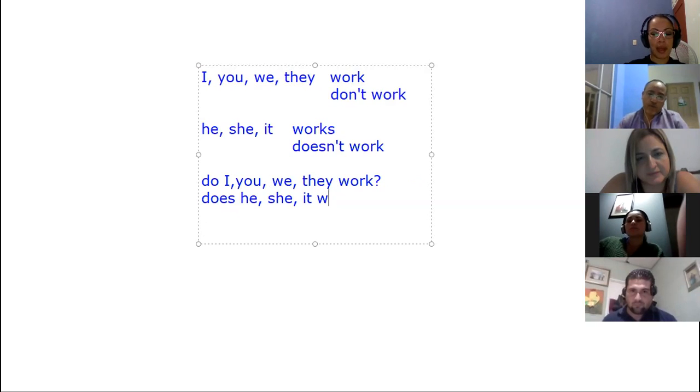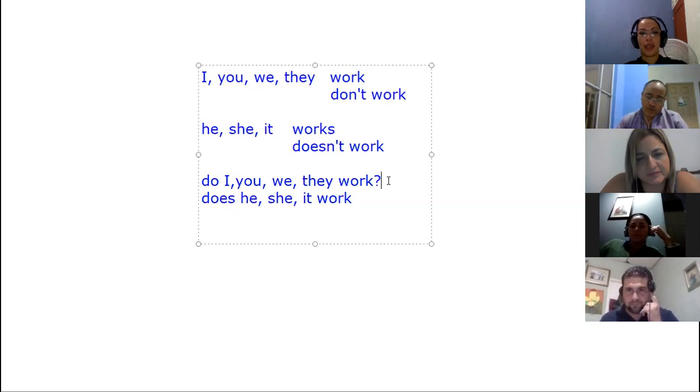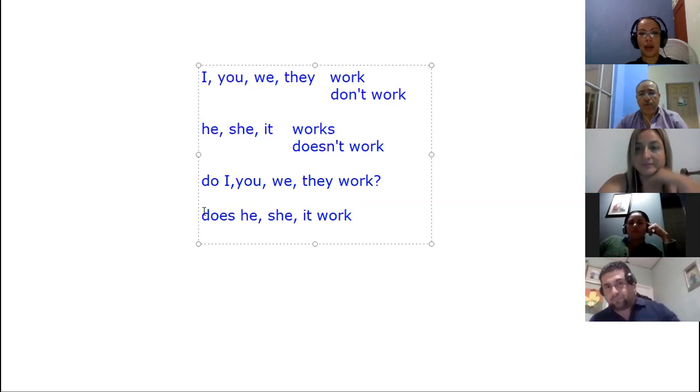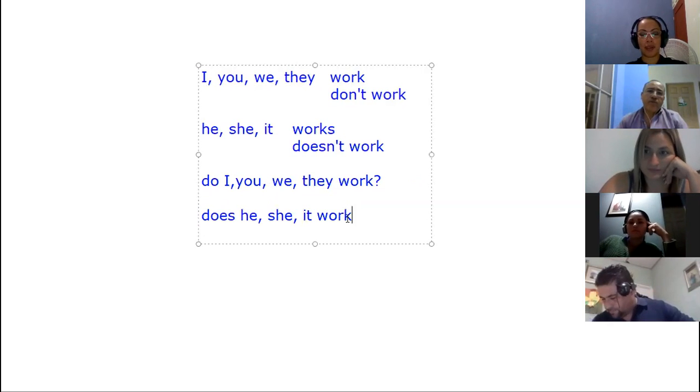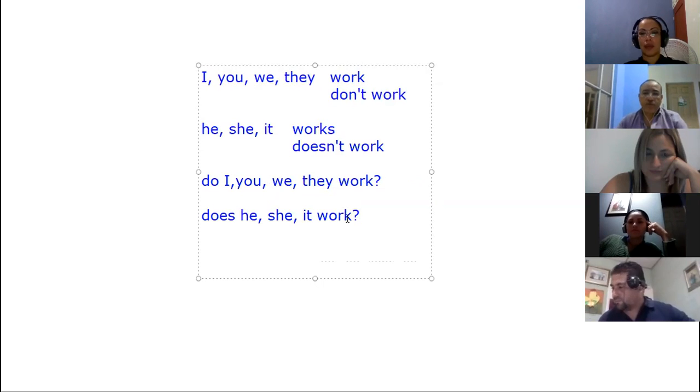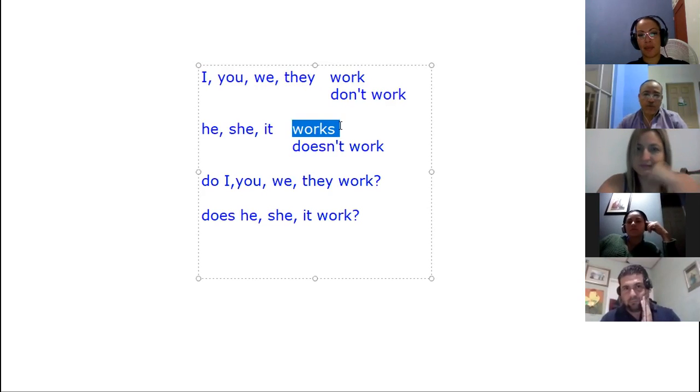No le vamos a cambiar nada al verbo, aunque estemos hablando de la tercera persona, porque estoy usando el auxiliar. El cambio solo se hace en tercera persona singular, oración afirmativa. De lo contrario, no vamos a estar haciéndole nada al verbo.